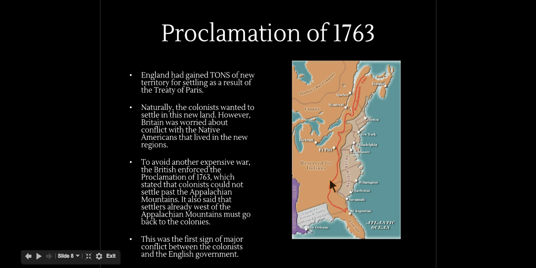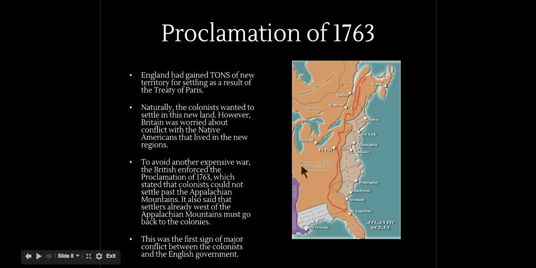So in order to avoid another expensive war, the British enforced what is known as the Proclamation of 1763. Basically what it did was it enforced the idea that colonists could not move past the Appalachian Mountains. They had to stay in the colonies.